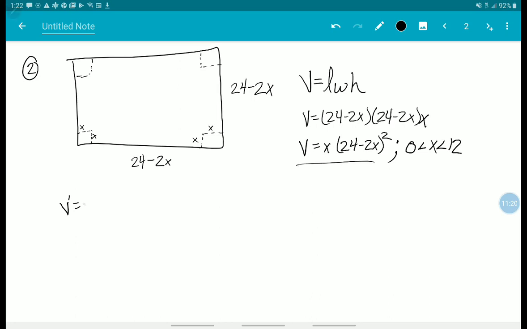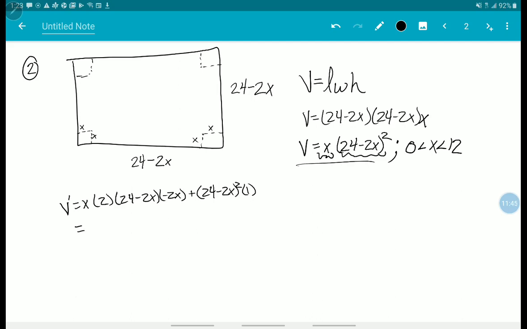Product rule says it's the first one times the derivative of the second. Don't forget to take the derivative of the inside, plus the second one times the derivative of the first. So there's my first function x, here's my second function. So I'm going to clean this up just a little bit.